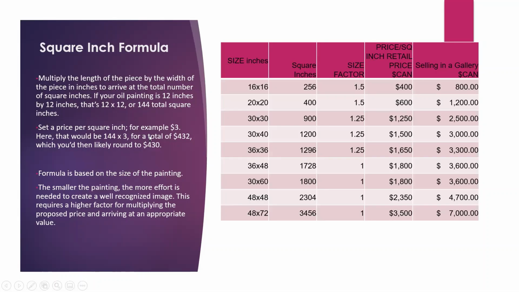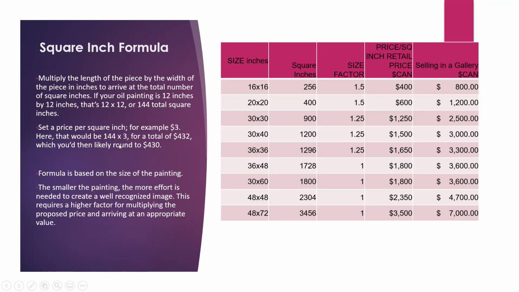What some people do, using the same square inch formula, they may decide on a dollar price per square inch. So that's another method. For example, if you decide you're going to charge $3 per square inch, you multiply 144 times 3, and you get a price of 432, which you then round off to 430.